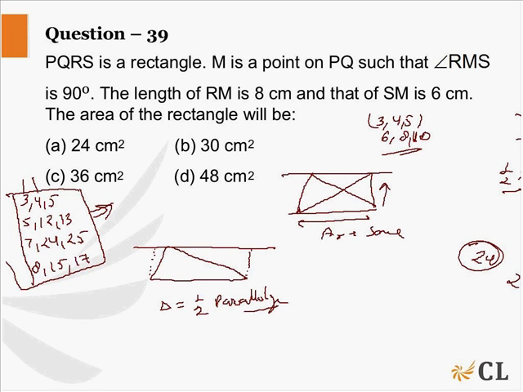Third is this: if there is the same base on the triangle and the parallelogram, and the height is also the same. See there, in these two cases the base of the triangle and this parallelogram is the same as well as the height. Area of parallelogram is base into height.